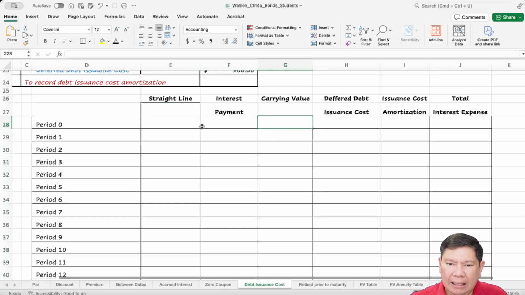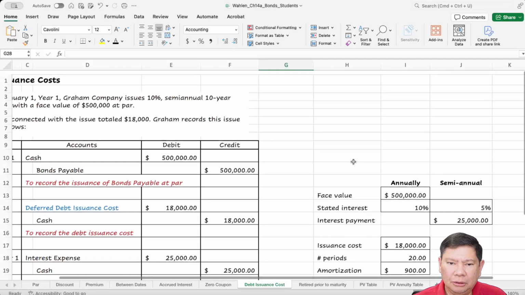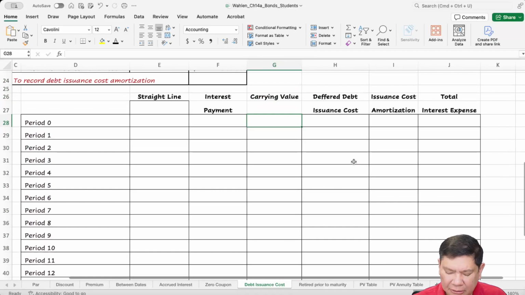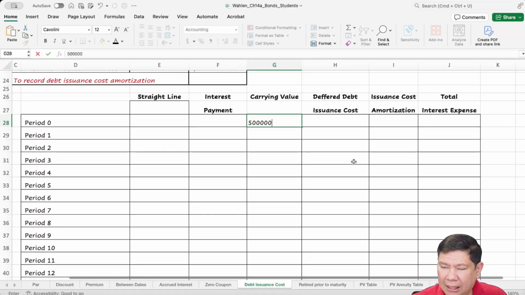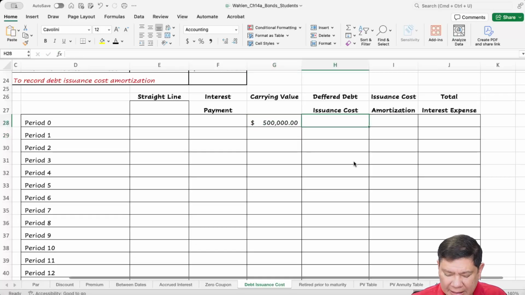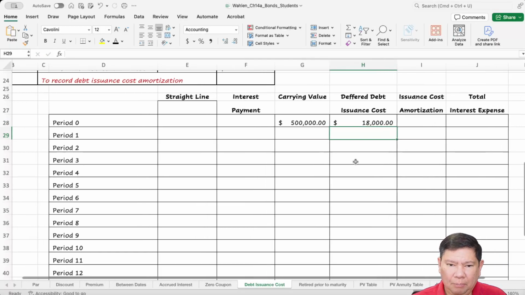Okay, so if we are going to use a table, let's use straight line here. The carrying value is $500,000 because it was issued at par. And then there is a deferred cost that we have to amortize, $18,000.